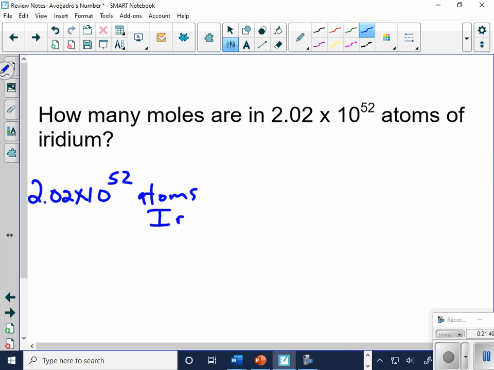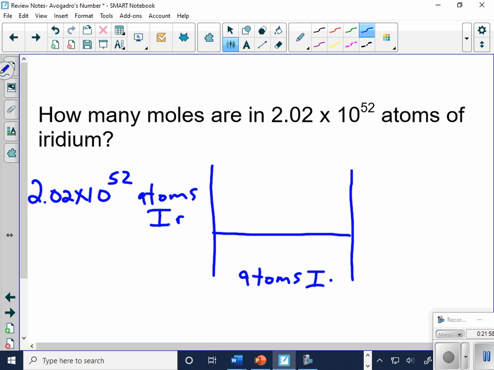Now, I am going to draw my conversion box, and I know that I want atoms of iridium to cancel. So I'm going to put atoms of iridium on the bottom. Well, I know my conversion factor is Avogadro's number of iridium atoms is equal to 1 mole of iridium.